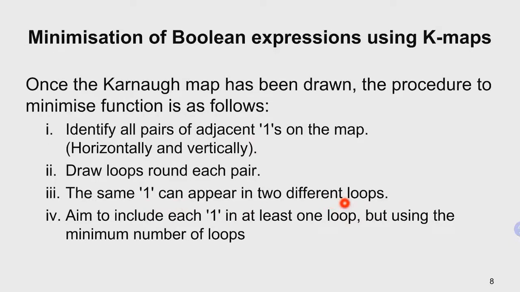You can make use of it if that helps you to minimize the function. The aim is to include each one in at least one loop by using the minimum number of loops. So we want to loop all the ones if possible, and then we want to have the minimum number of loops.